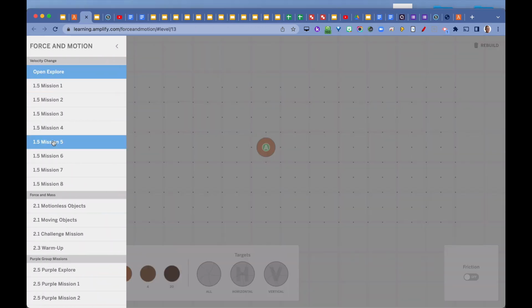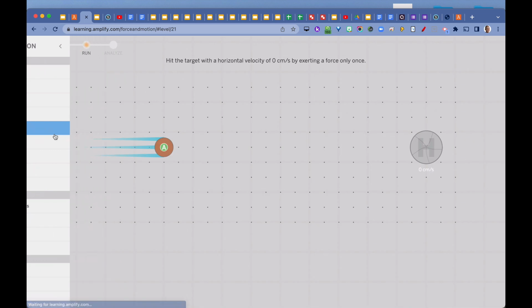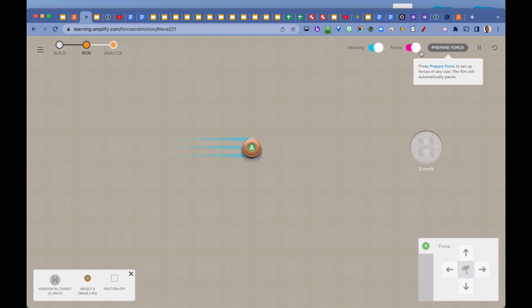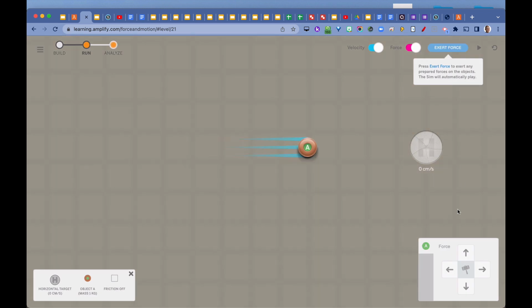Students had to use the sim to do various missions, and for each mission it told the students what the goal was. So they had to exert a force that would hit the target at that velocity.